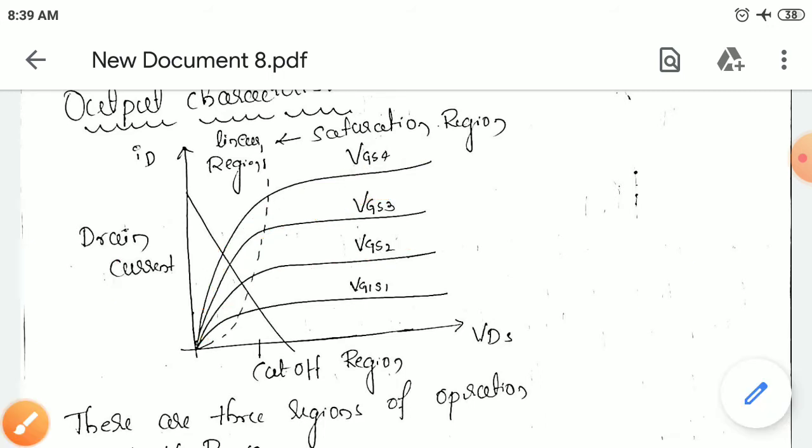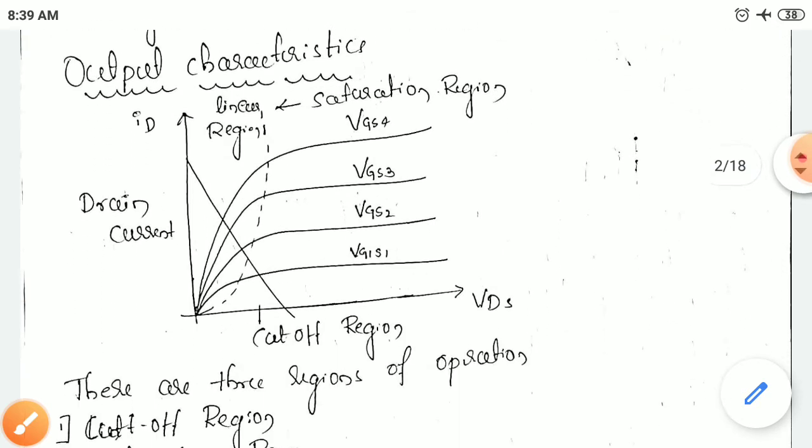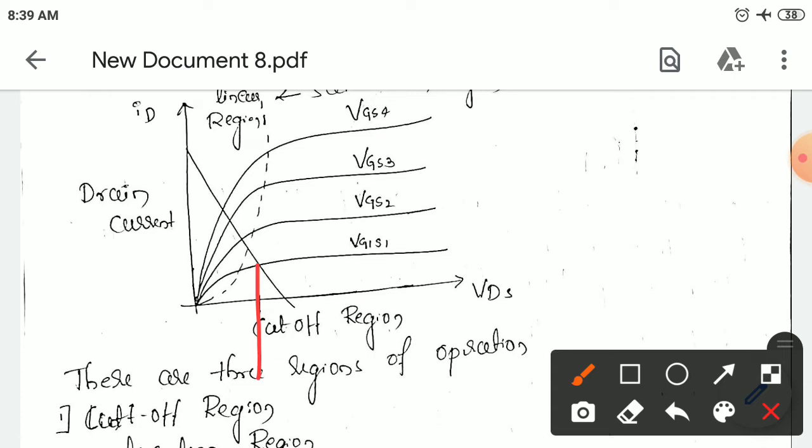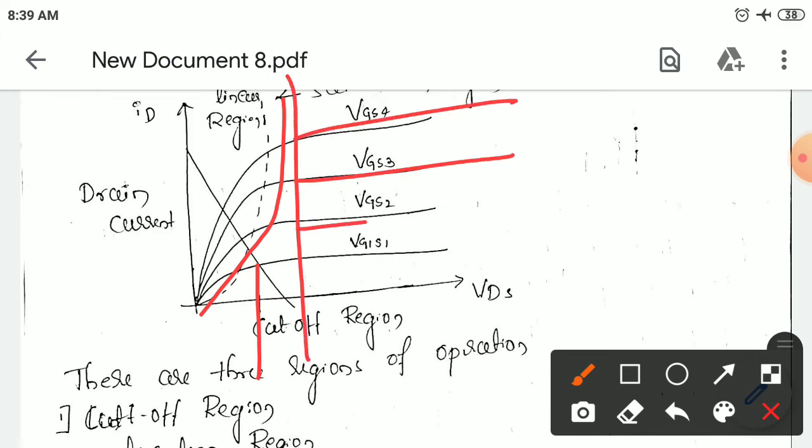The output characteristics operate in 3 modes: the cutoff region, the saturation region, and the linear region. Up to the threshold point there is the cutoff region. Once the gate voltage is sufficient, the current saturates, and that is called the saturation region.